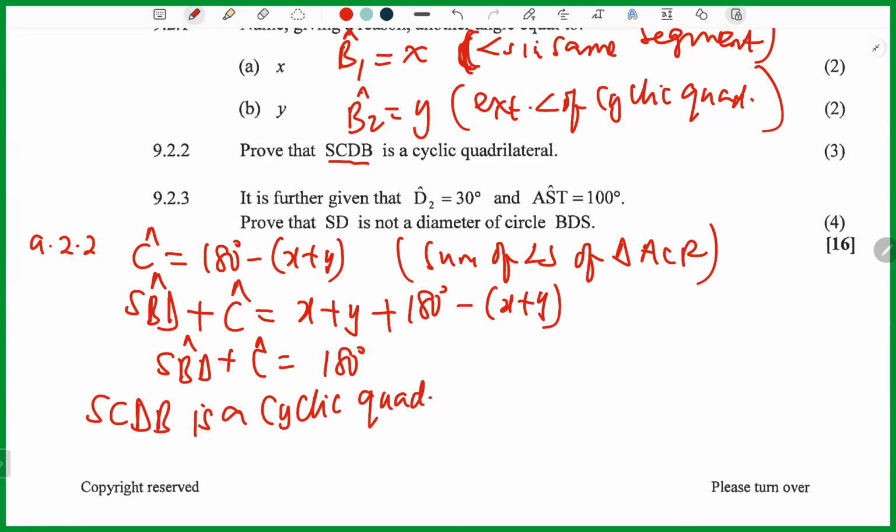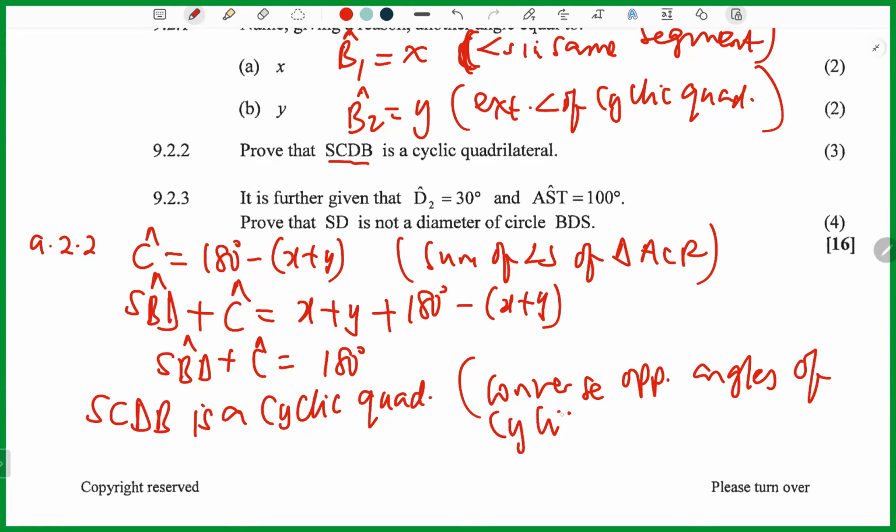The reason: converse, opposite angles of a cyclic quad. And there are many other ways to prove these results.